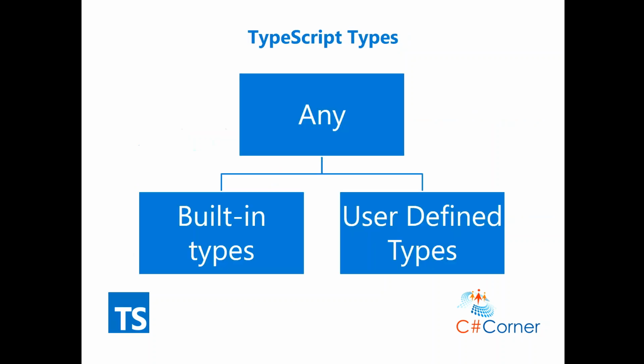So far we have seen what TypeScript is, what's special about it, why we have to move to TypeScript, how it is compiled, and what the special features are. Now we are going to see what types are available in TypeScript. The any data type is the super type of all types in TypeScript.